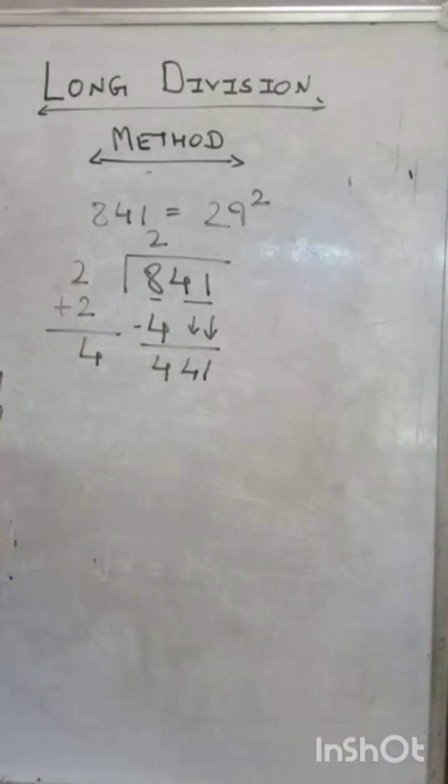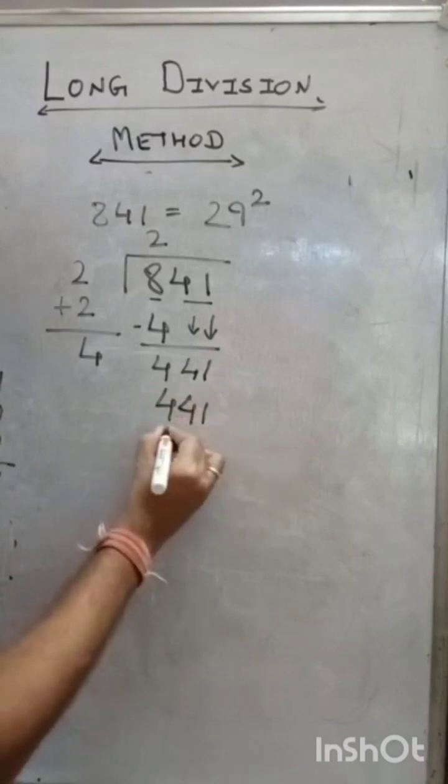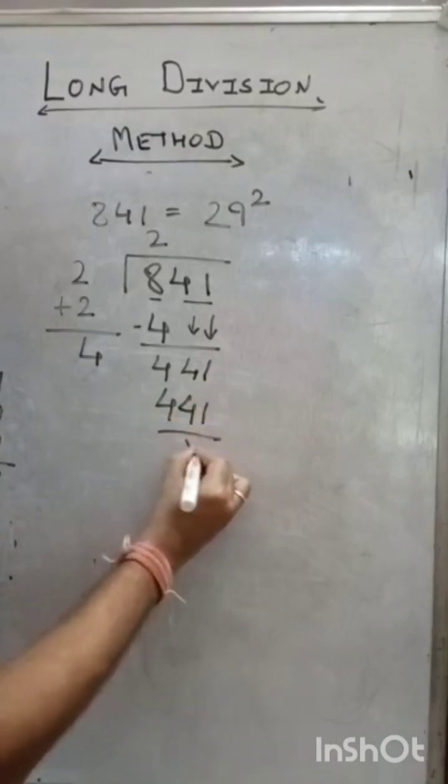And 49 into 9, we can cross check. 49 into 9 is 441. You can easily multiply and check your answer.